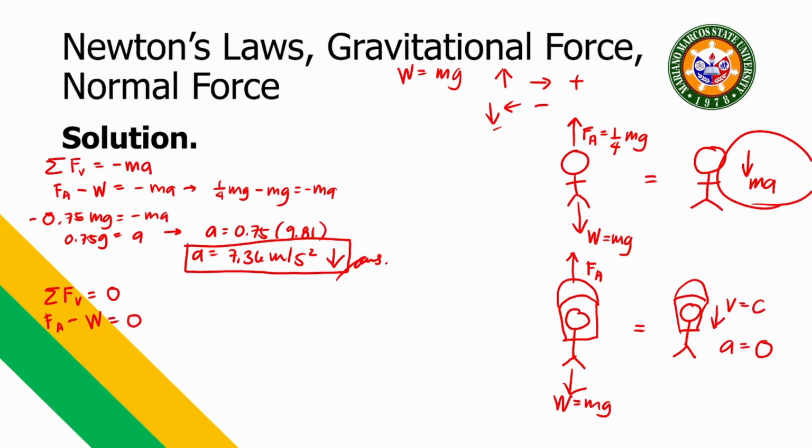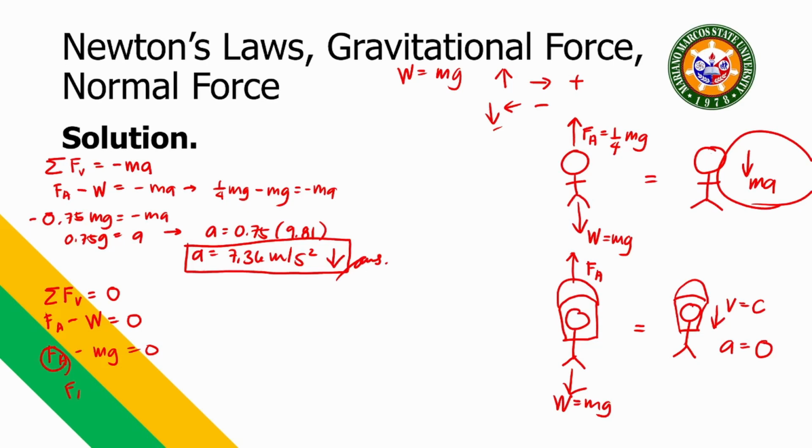Next, we try to consider the weight. So yung weight is equal to mass times gravity. So Fa minus mass times gravity is equal to 0. Tinatanong dito, what is the force of air? Ito yung kailangan nating hanapin.